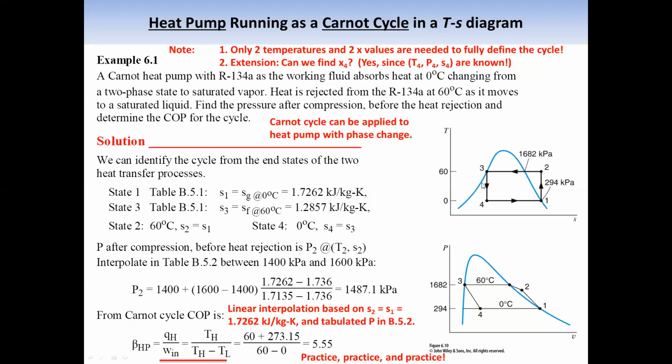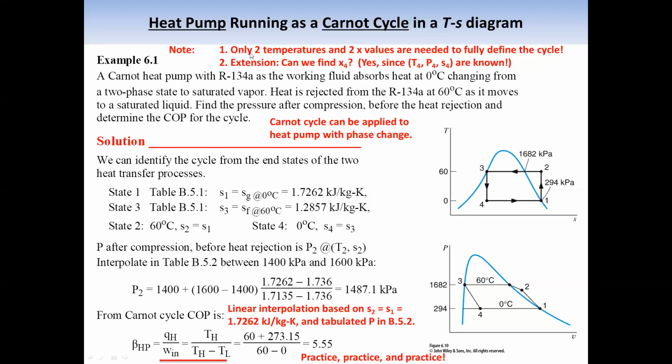Similarly, for state 4, it's a vertical line down from state 3. So state 3 is fully given. Then state 4, we know the temperature and the entropy. So state 4 is also fully given.